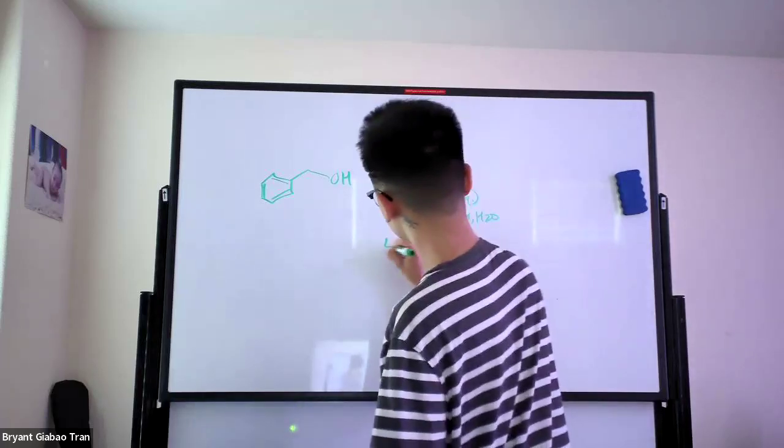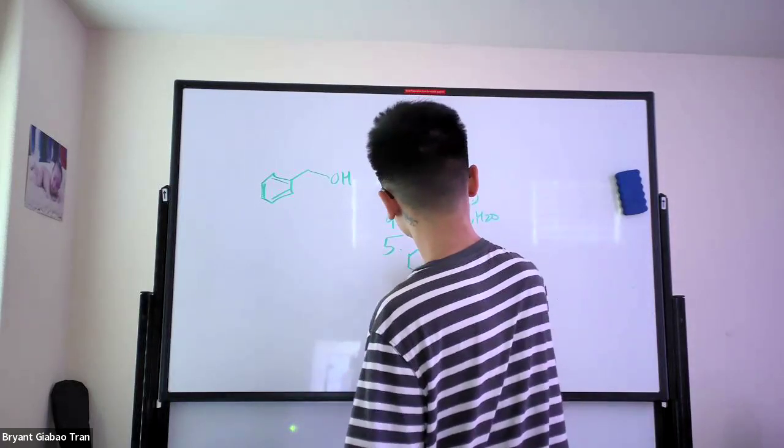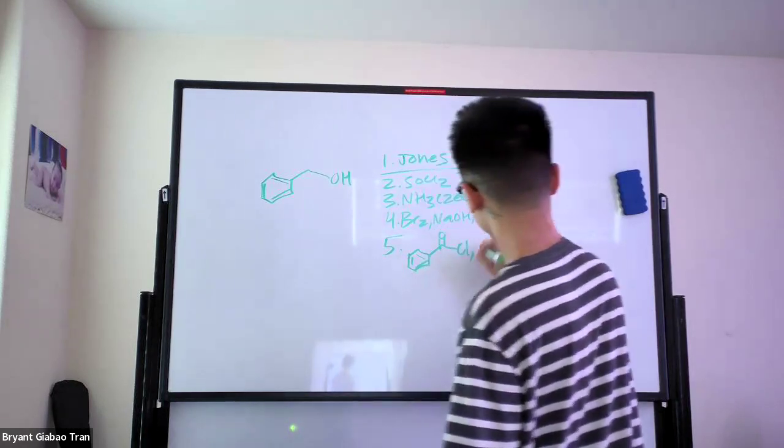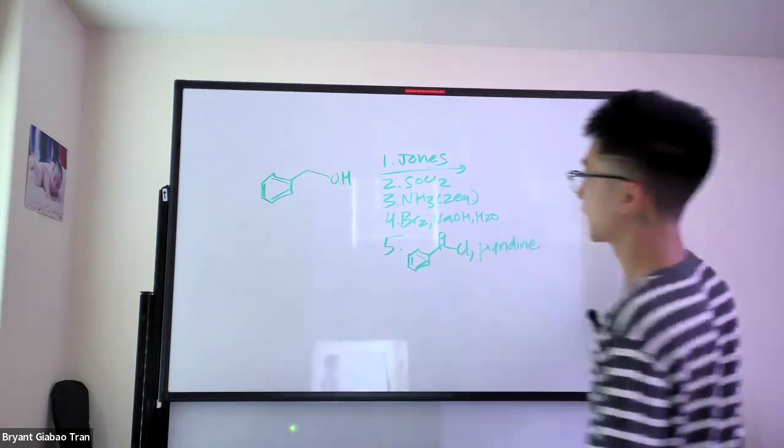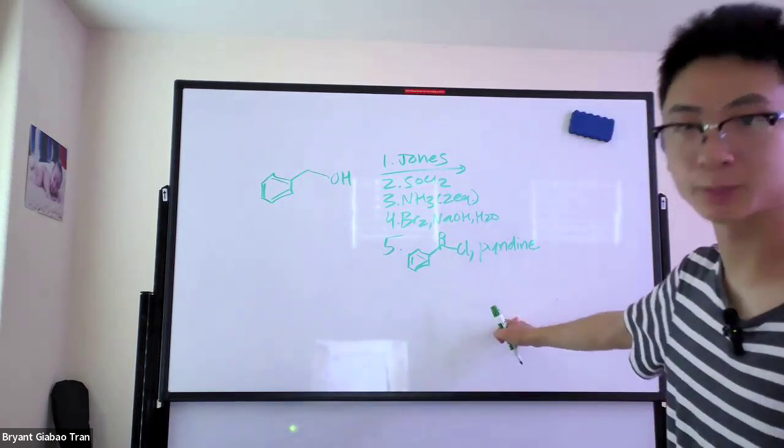Now let's do. Okay, let's try this 5-step multi-step predictive products question here.